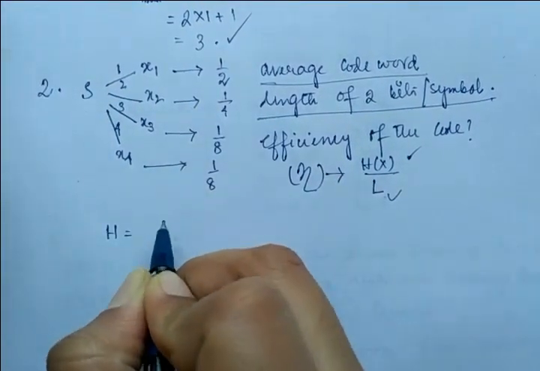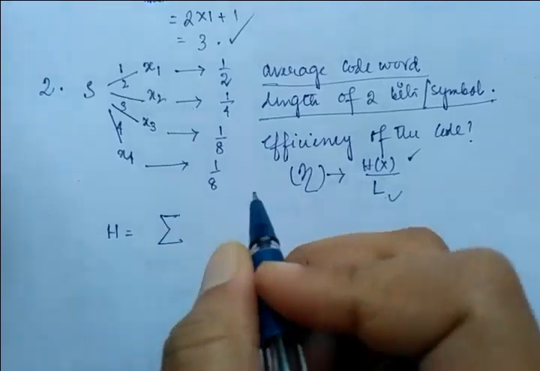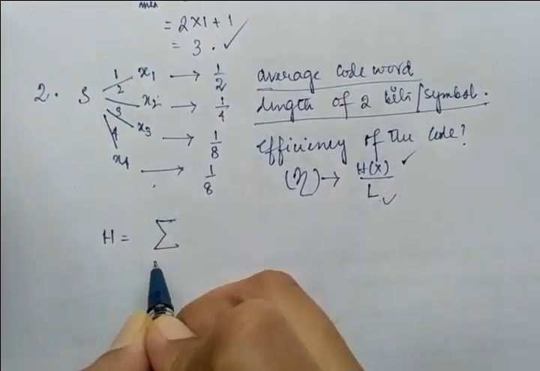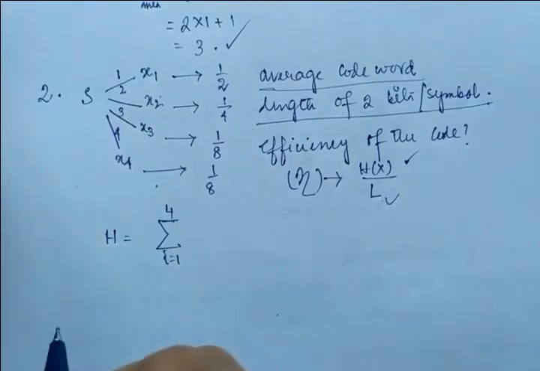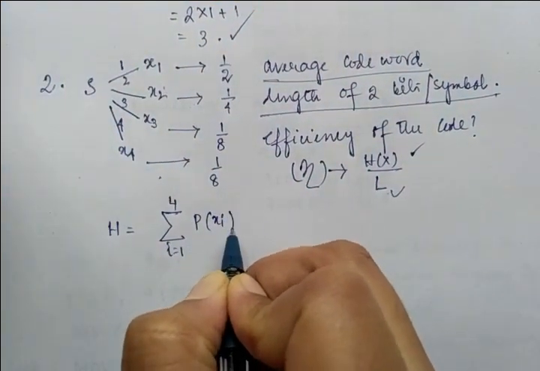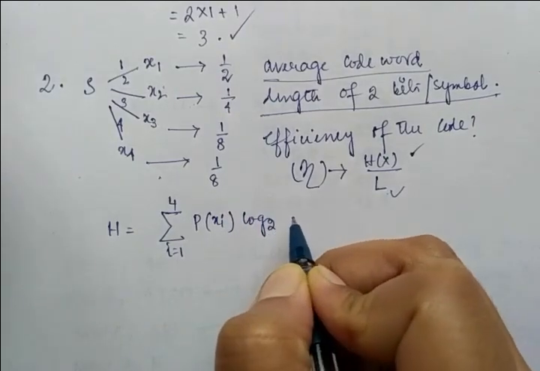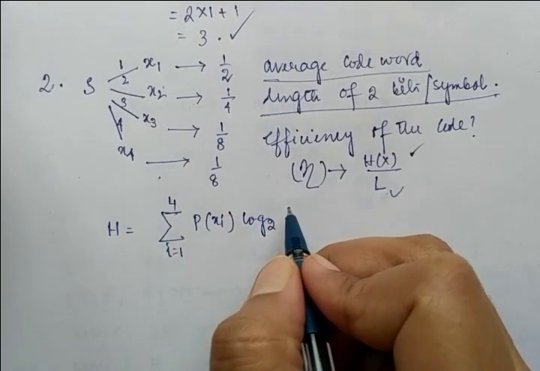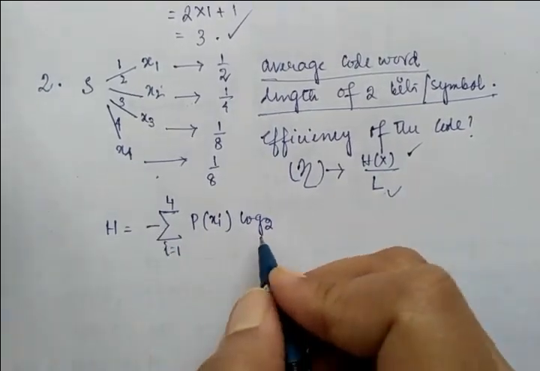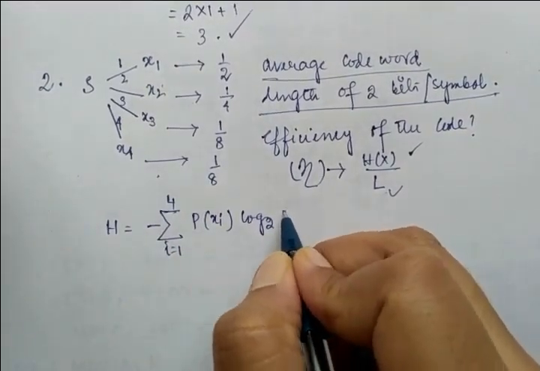H equals a summation, and how many symbols are we using here? That is 4 symbols, so i equals 1 to 4. And the formula was P of xi log 2 P of xi.